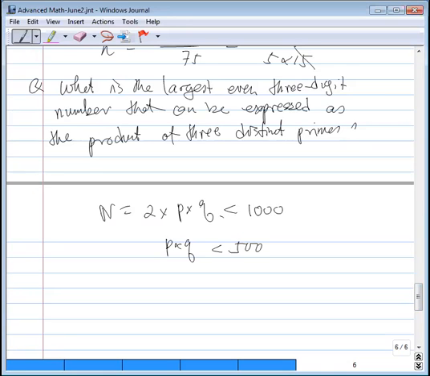You want to find the largest three-digit integer which is less than 500.